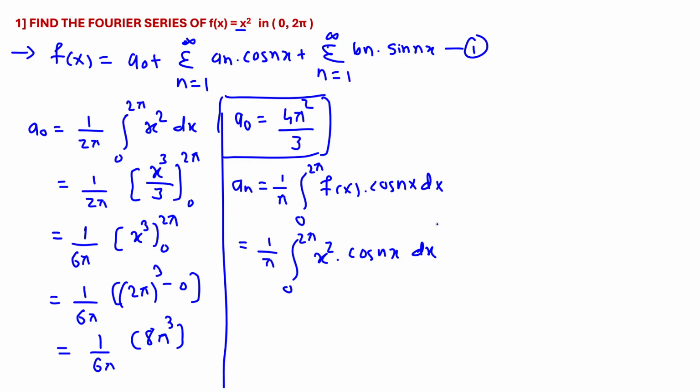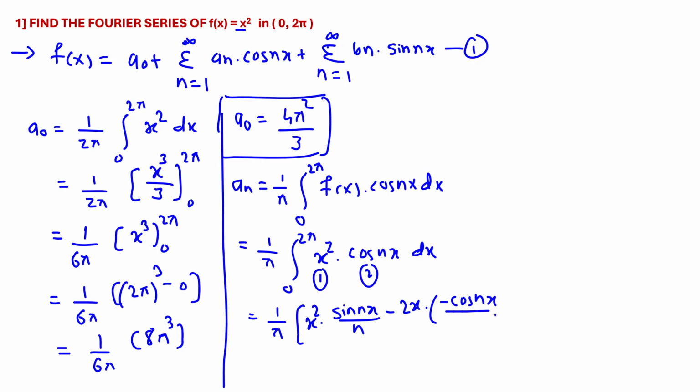In the LIATE pattern, the algebraic term comes first, meaning x² is the first term and cos nx is the second term. So you have to use the Bernoulli formula here. The first term as it is, x² as it is, into integration of the second term; integration of cos is sin nx divided by n, since the coefficient of x is n. Minus derivative of the first term, derivative of x² is 2x, into integration of sine, which is minus cos nx divided by n.